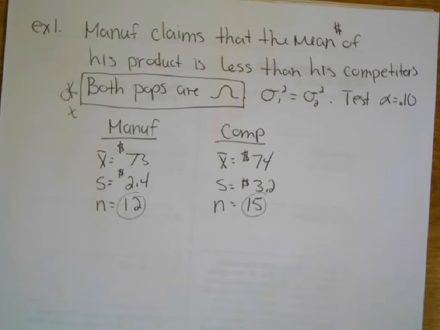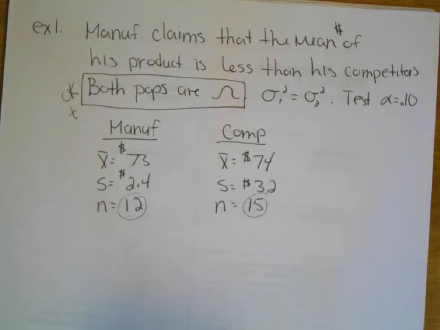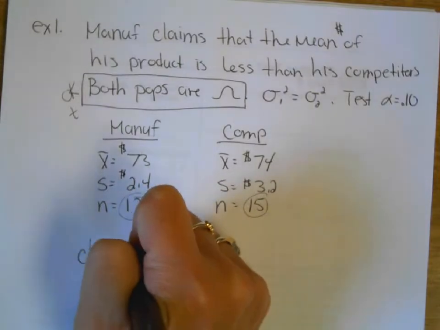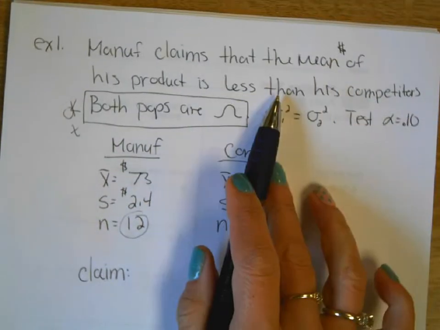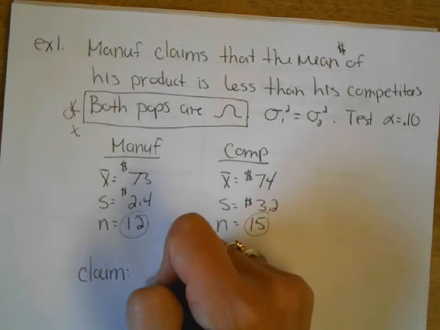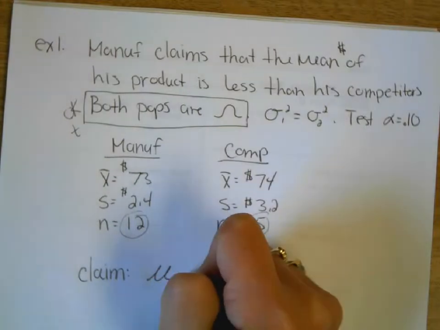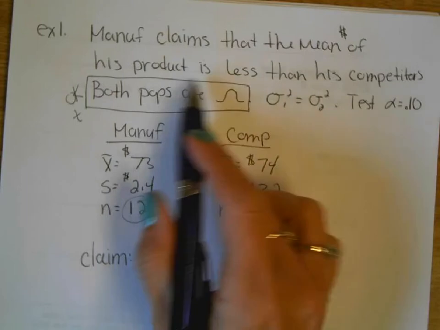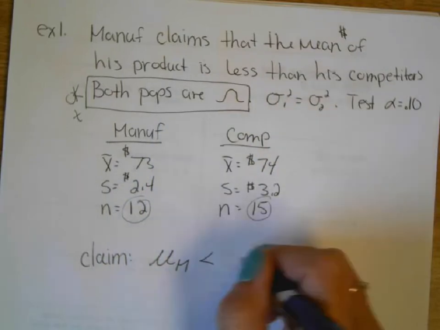All right, so we have to write the claim as a difference. I like to start with the way it's written and then rewrite it as a subtraction. The claim is that the mean from the manufacturer is less than the mean of his competitor.